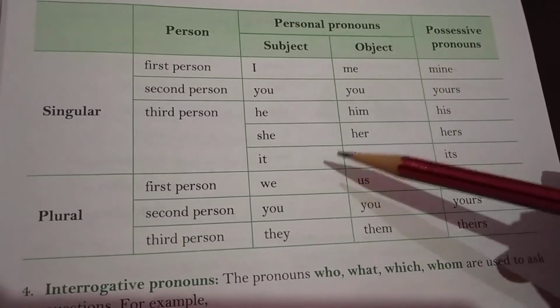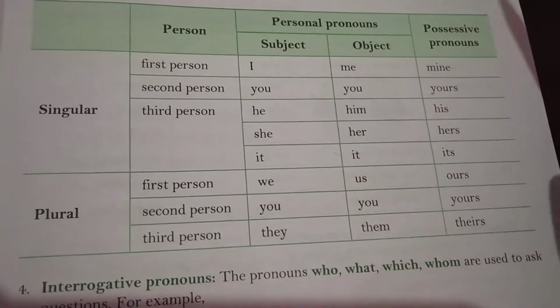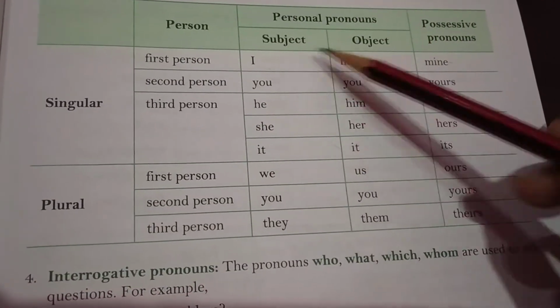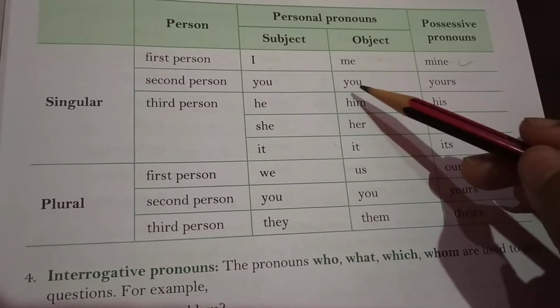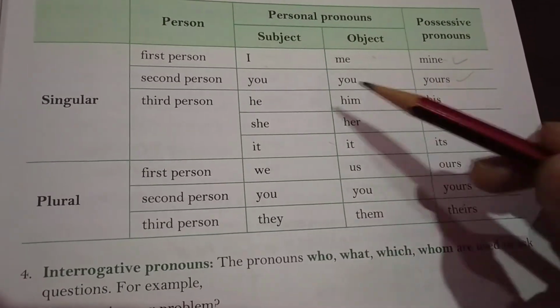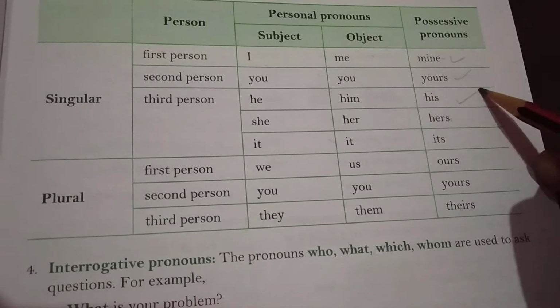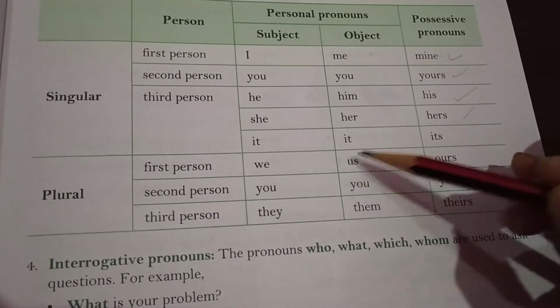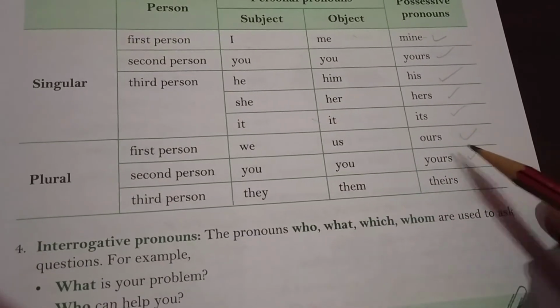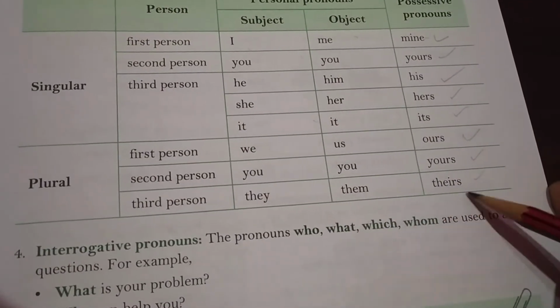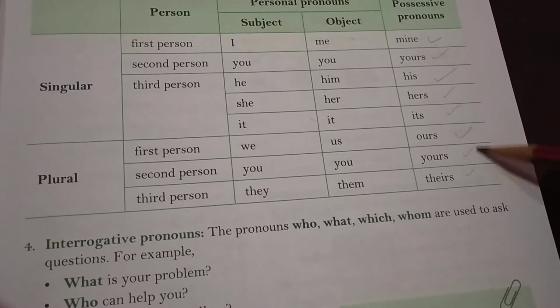As I've told you, a pronoun can be used as singular or plural. If it's I or me, when we are talking about myself, we use mine. For you, yours. For he and him, his. For she, hers. It, its. We, ours. You, yours. They, them, theirs. All these are possessive pronouns.